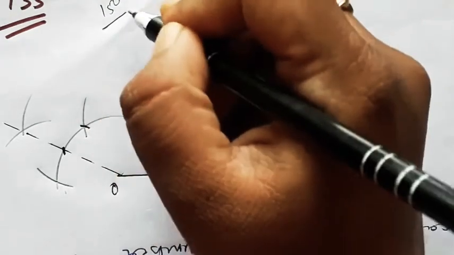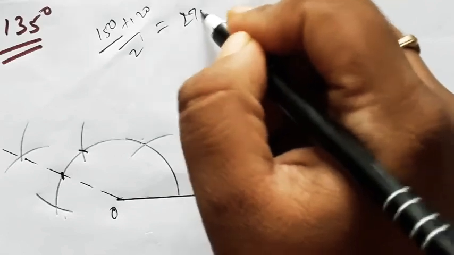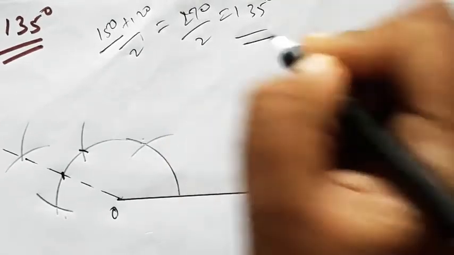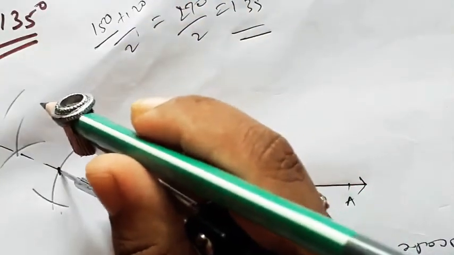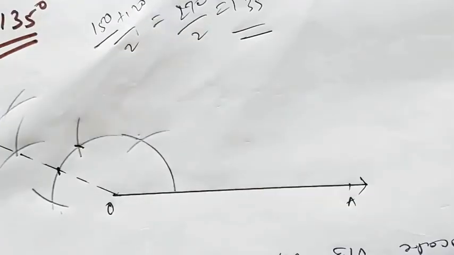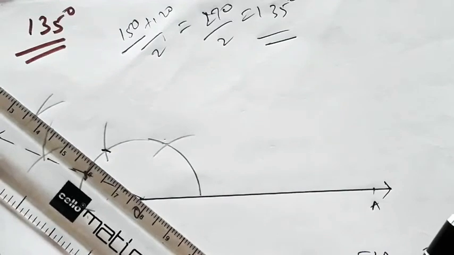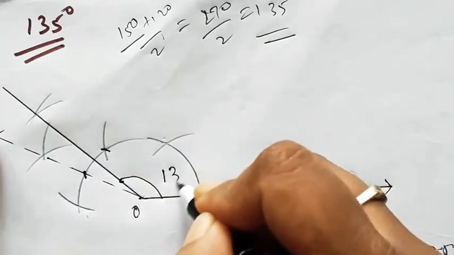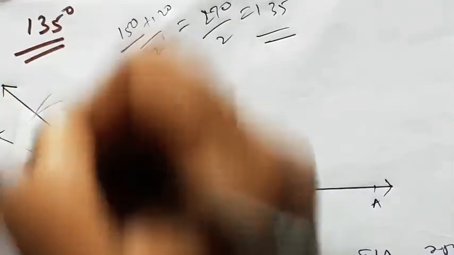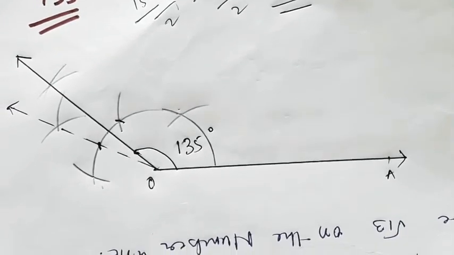See, 150 plus 120 is 270, divided by 2 is 135 degree. So just take the bisector from these 2 points. You will get one point here, and when you join this point with a solid line to O, this angle becomes 135 degree. I hope you all have understood how to draw these special kinds of angles.